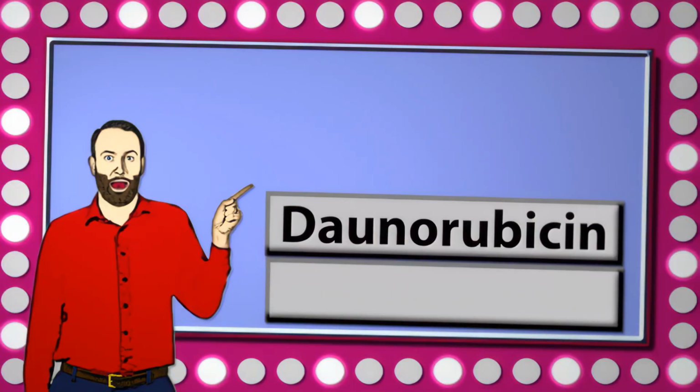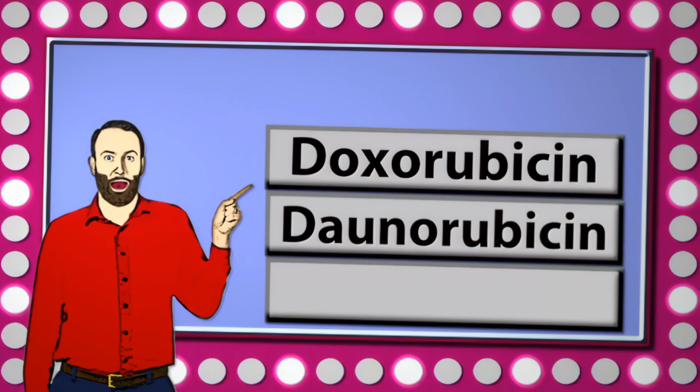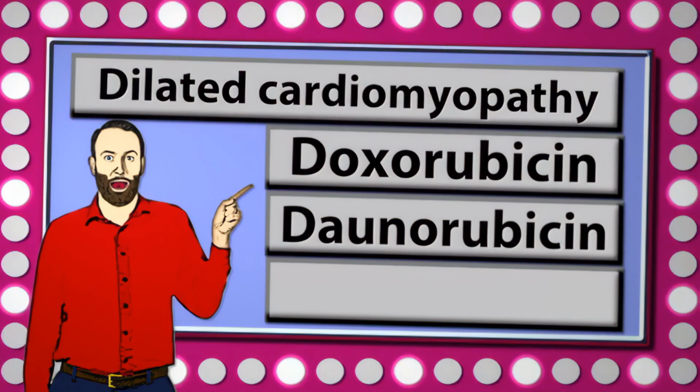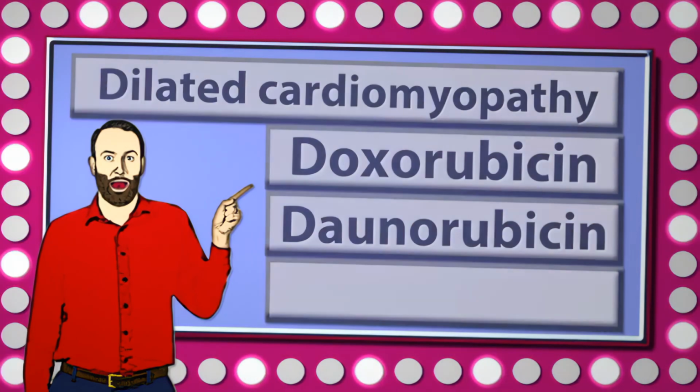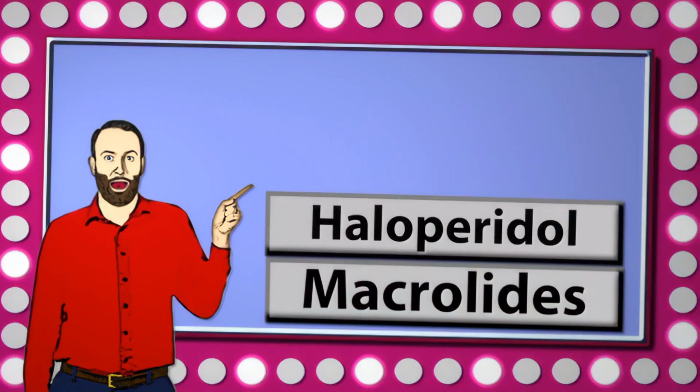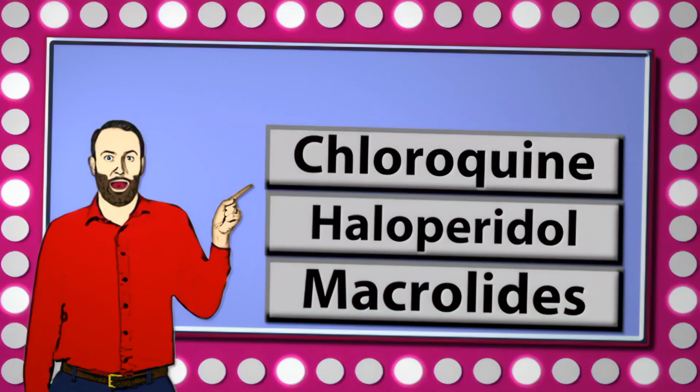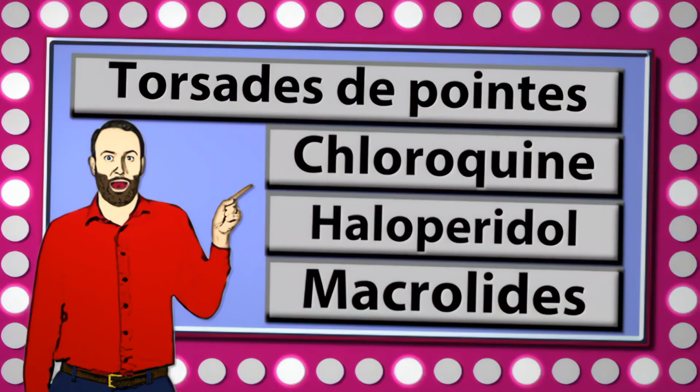Okay, so let's see what we remember with our first game show. Remember, yell out the answer, especially if you're in the library. First one here, daunorubicin, doxorubicin. The answer is dilated cardiomyopathy. Next, macrolides, haloperidol, chloroquine, that's torsades de pointes.